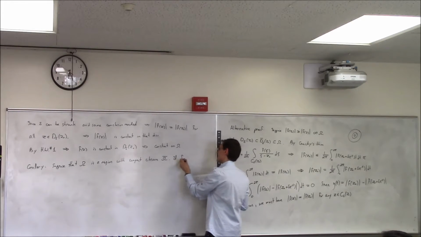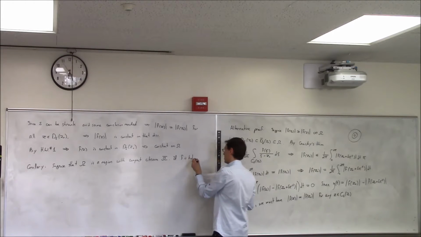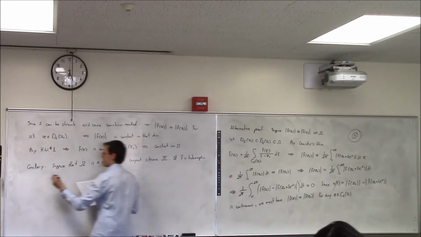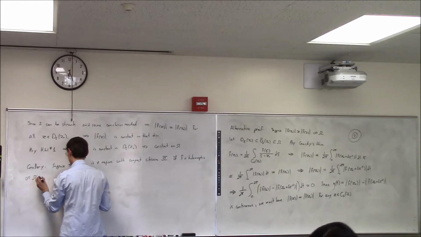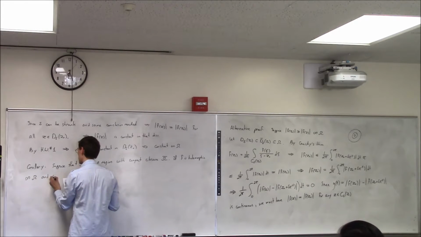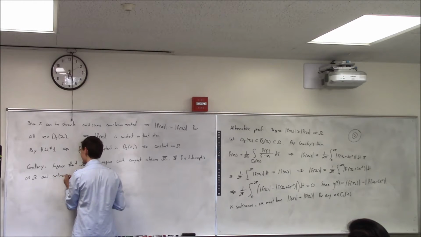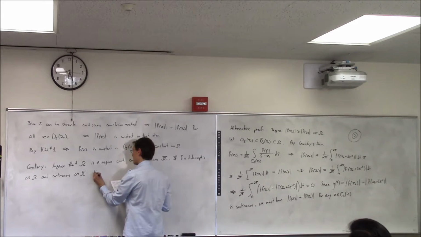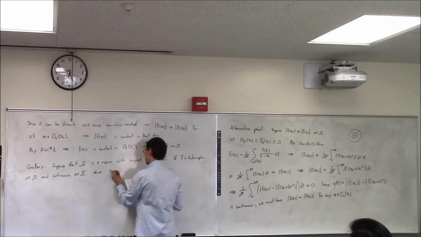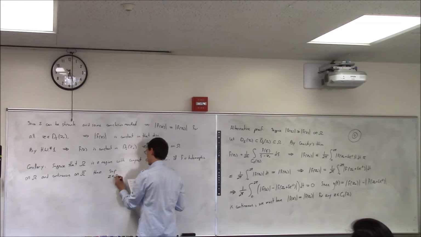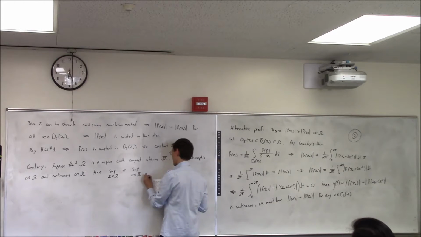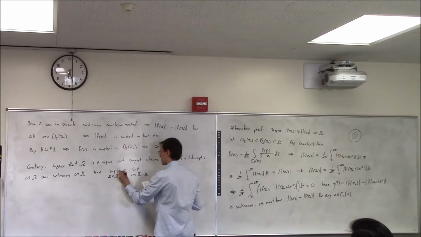If f is holomorphic on omega and continuous on the closure of omega, then the supremum over z belonging to omega of the modulus of f is less than or equal to the supremum over z belonging to the closure of omega minus omega, the boundary. I forgot to say of the modulus.